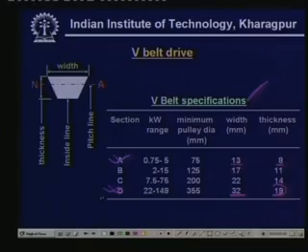So, that is the reason you can see the kilowatt range. If you are going to transmit anything within 5, you go for A section. If you are going to transmit something within this C zone, say 10 or 15 or 20, then you go for the C section.